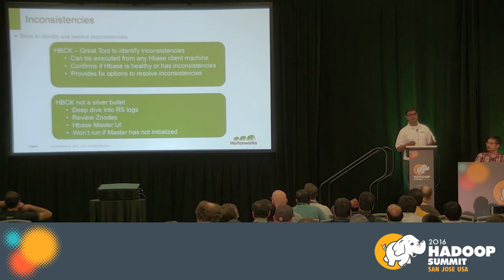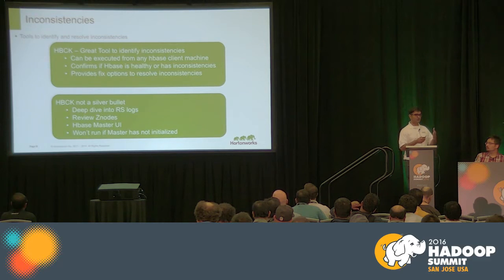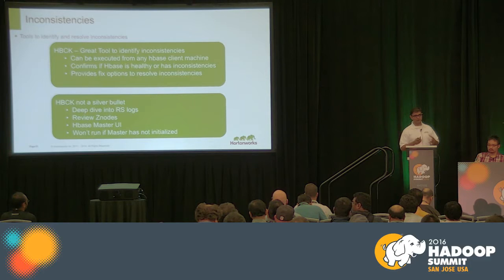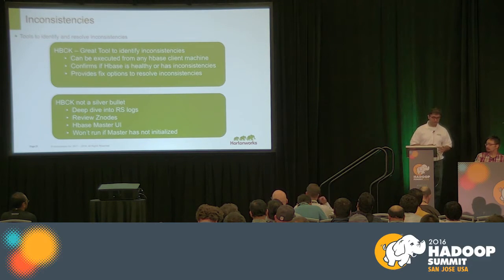There are going to be difficult situations where you don't have a straightforward inconsistency, and it has issues at multiple levels: HDFS, Meta, ZooKeeper, and there may not be an opportunity for HBCK to fix it in a straightforward manner. That's when you have to dig deeper into the logs, see where the problem is, and go about fixing that problem from that point on. But yeah, 90% of the stuff gets done with HBCK, so it's really handy that way.